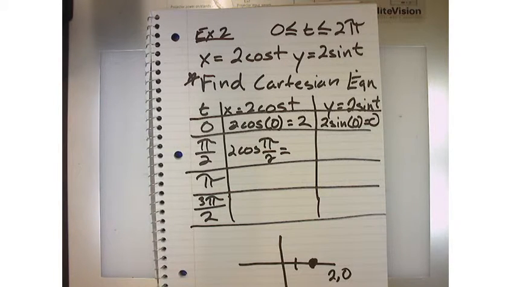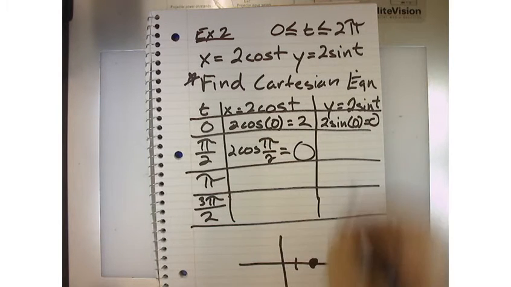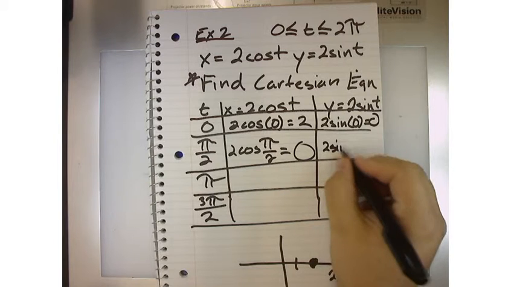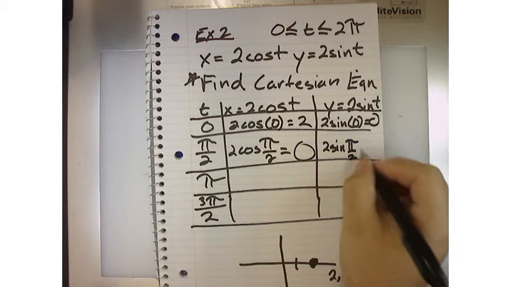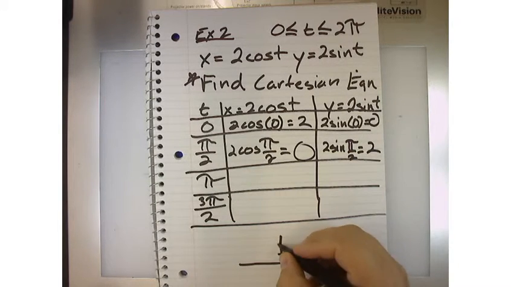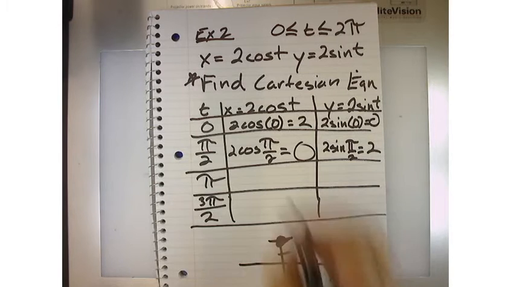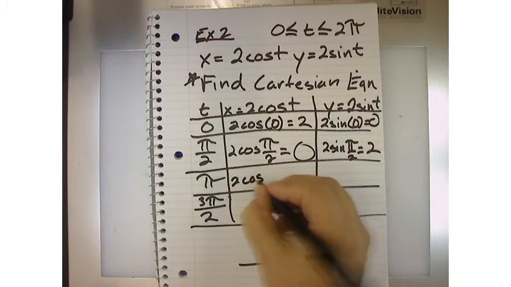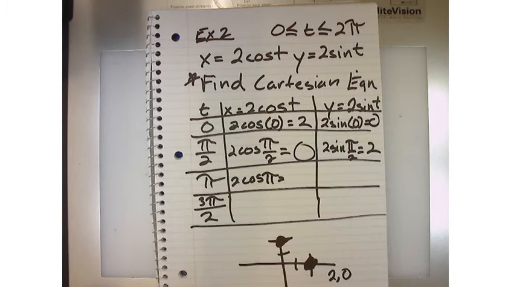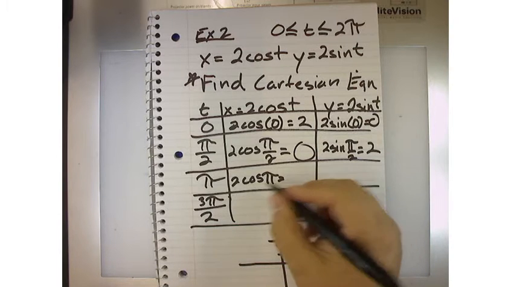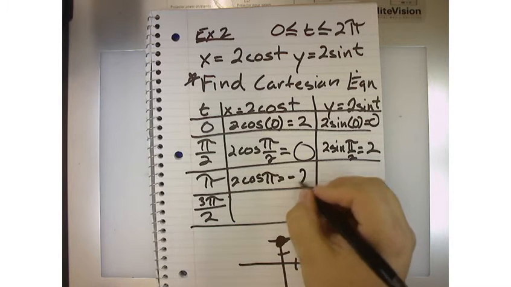So if I say 2 times cosine of pi over 2, what would that be? Well, cosine of pi over 2 is 0, times 2 is 0. And 2 times sine of pi over 2 would be 2. So again, we go 1, 2. If I say 2 cosine of pi, normally cosine of pi is -1, but -1 times 2 is -2.